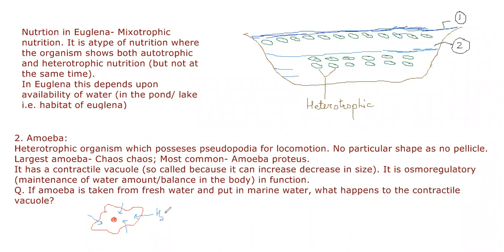Now, at the expense of energy, the contractile vacuole uses energy, ATP. This contractile vacuole would take up this water and expel it out. It keeps on throwing this water outside so that the amoeba doesn't swell up and burst.